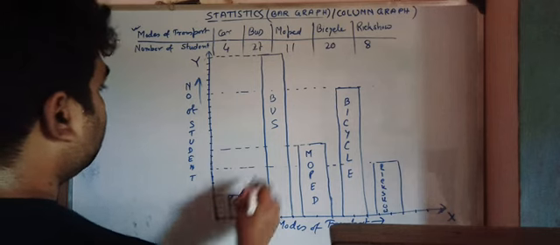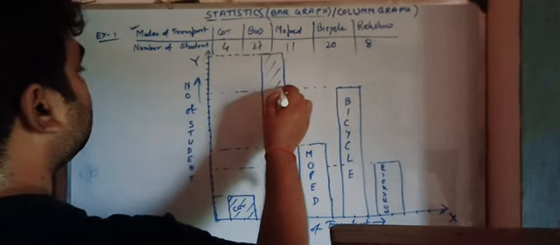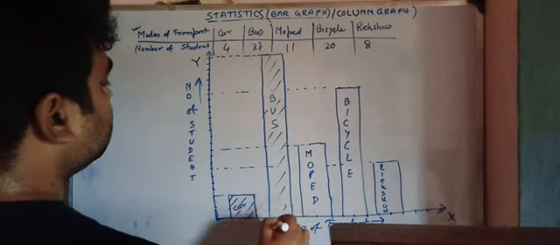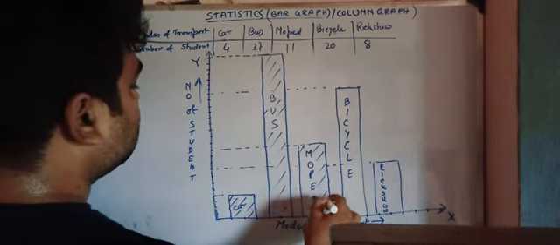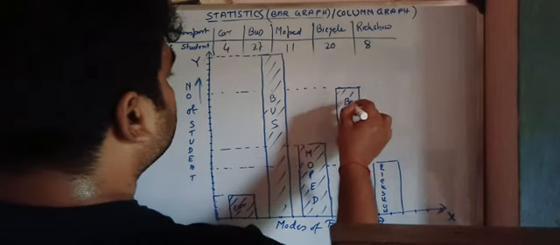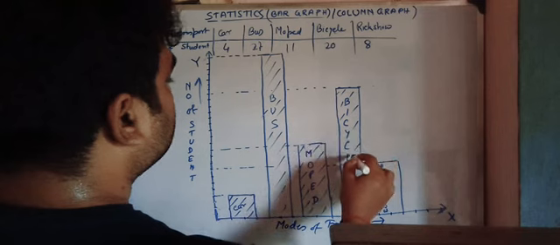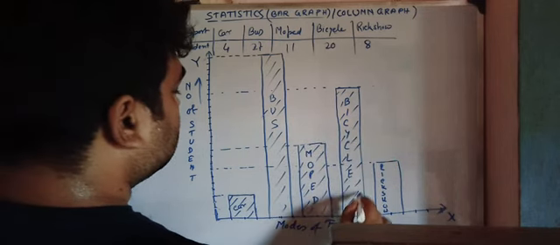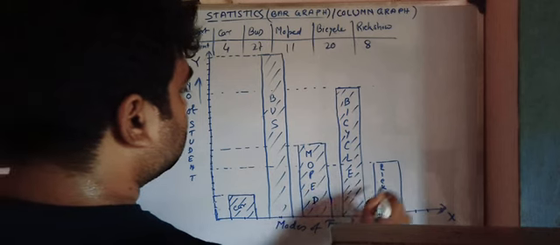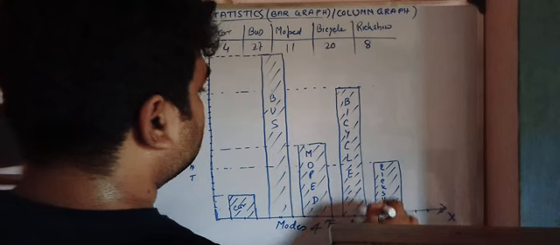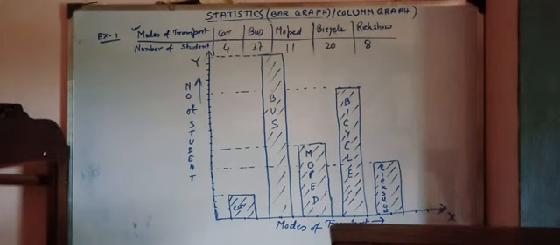If we have set this, it will look better. Understood? Okay. So this is my required bar graph for the first question.